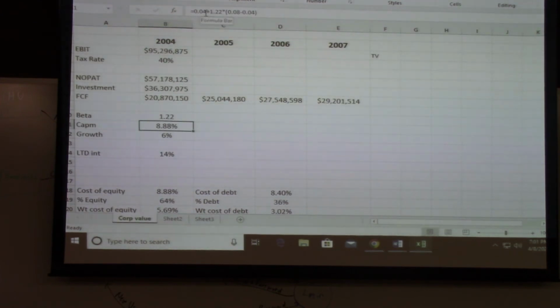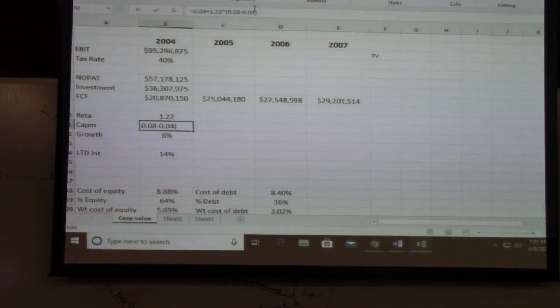You have 0.04 plus the beta of 1.22 times the expected return of the market. Well, actually, that should be 8%, not minus 4%, because it says the market risk premium is 8%. So let's make this adjustment right now.